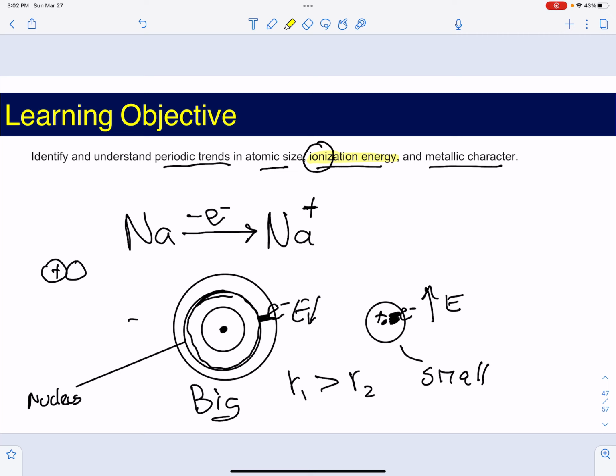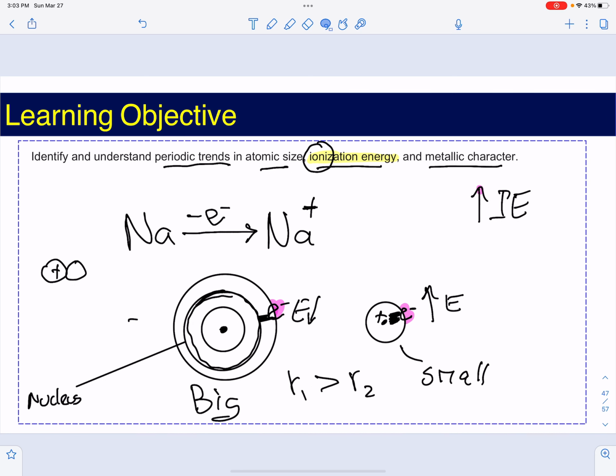So the ionization energy is going to be the energy required to remove the valence electron. So the one that is closer to the nucleus is going to have a higher ionization energy than the one that is not that close to the nucleus. So the bigger the atom is, the valence electron is going to be farther from the nucleus, so it's going to be easier to remove it. So therefore, a lower ionization energy.